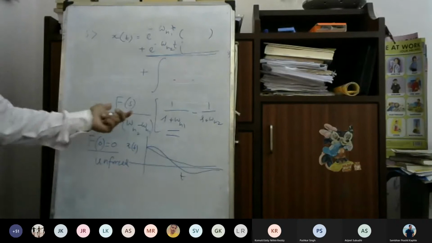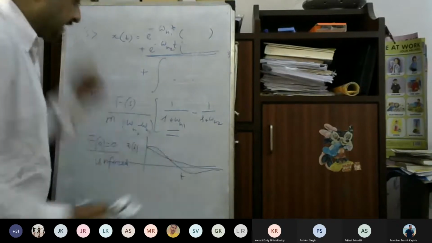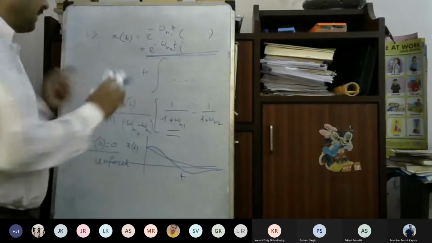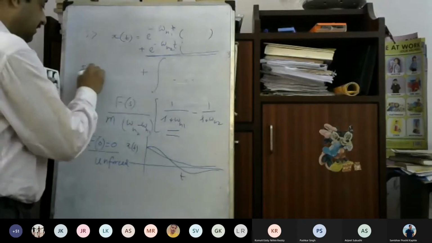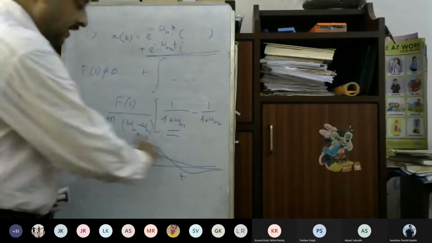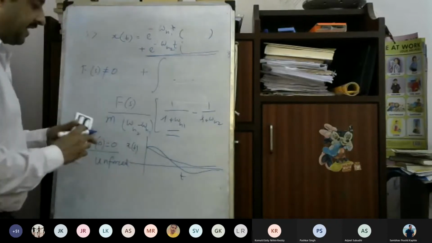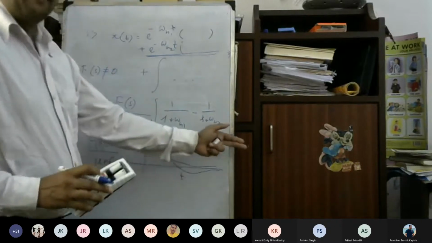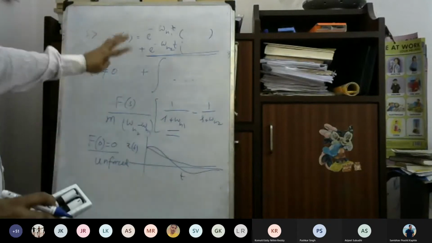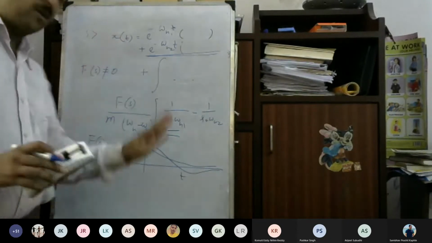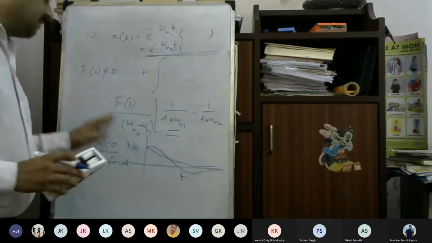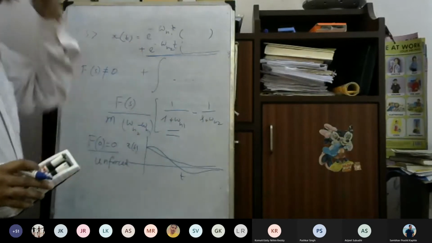But for the forcing, the result will not be 0, because this integral term will be appearing. So if F(s) is not equal to 0, this integral part will be there, and there will be some kind of response. I am not going to discuss much detail for this one, because it is not very important from our vibration point of view, because this is not a regular vibratory system.